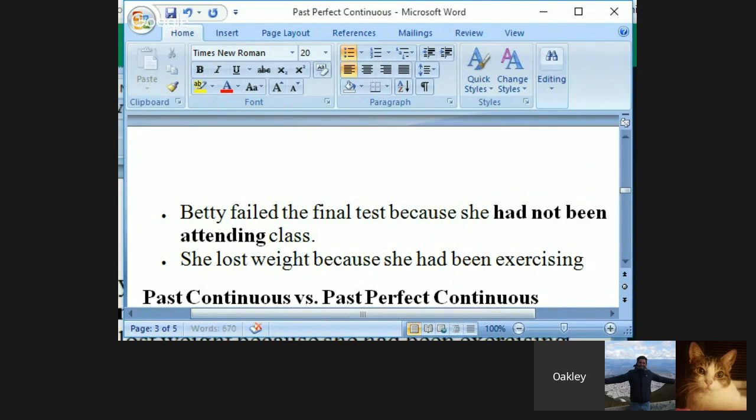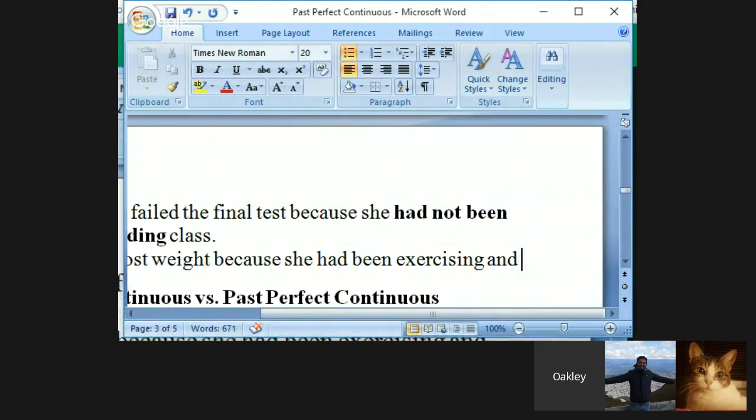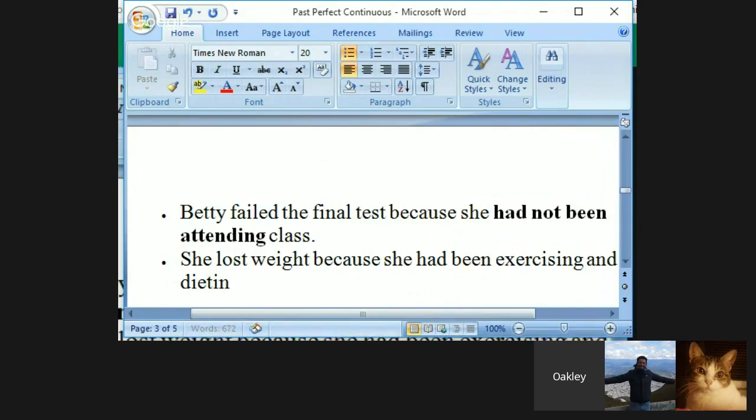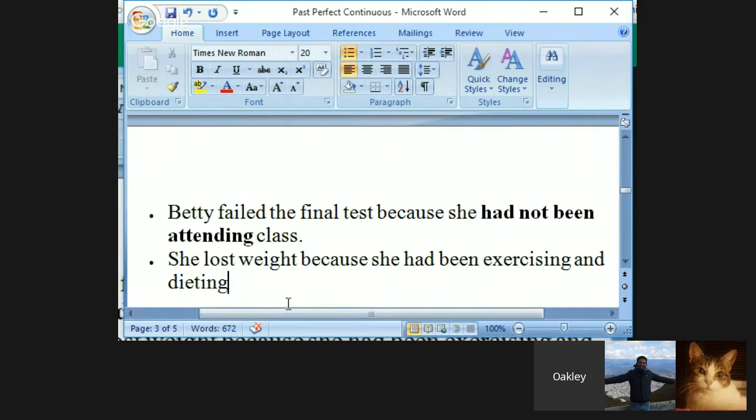She had been exercising, and you don't really need to say doing a diet. It's perfectly all right to say dieting as a verb, to diet. She had been exercising and dieting. Then you said what for? For 3 months or something? Yeah, whatever. Okay, this is fine.